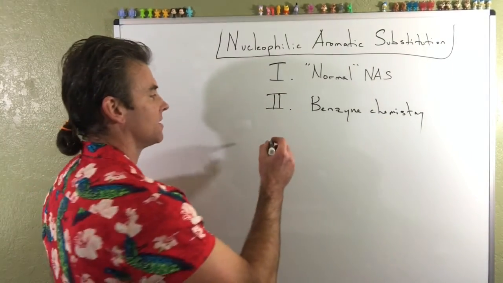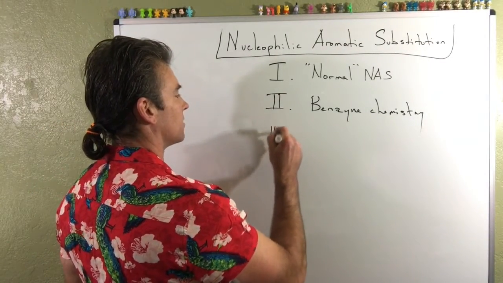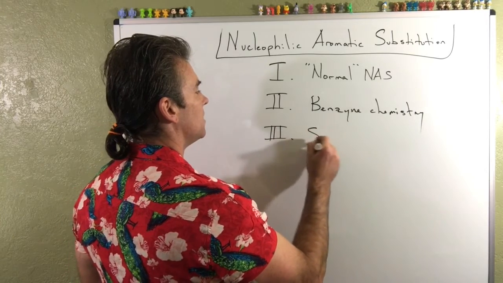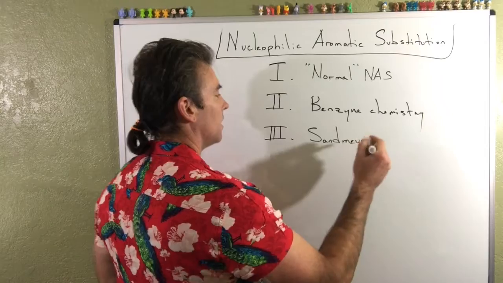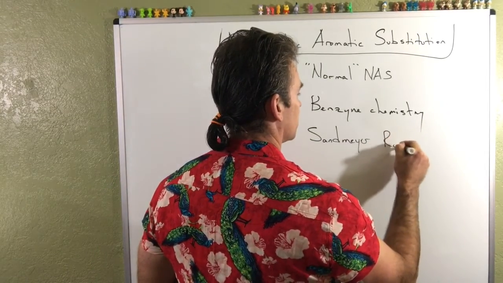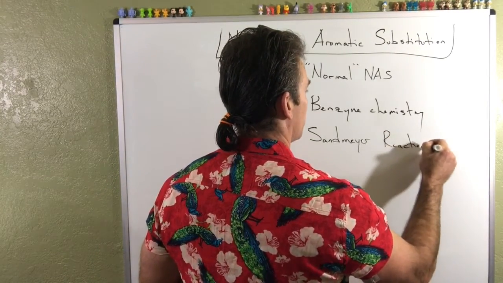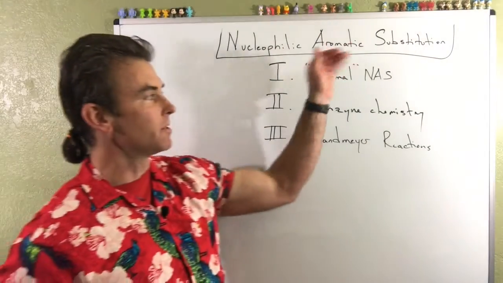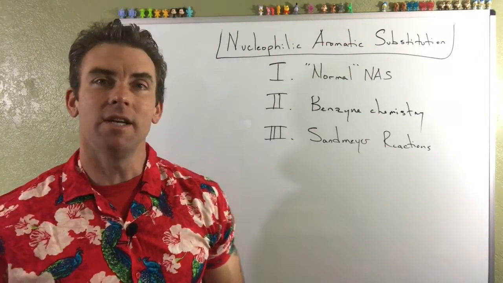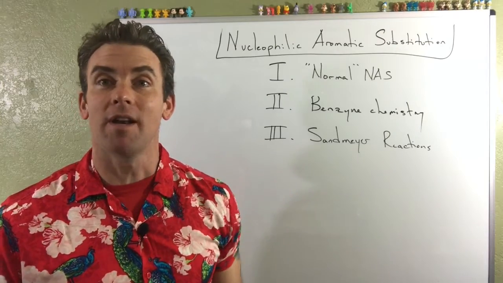What I'm going to define as a Sandmeyer reaction when we get to this third section is a little bit broader than the true picture of Sandmeyer reactions, and we'll talk about that. But this is how I think about nucleophilic aromatic substitution in these three separate categories. So let's jump right into it.